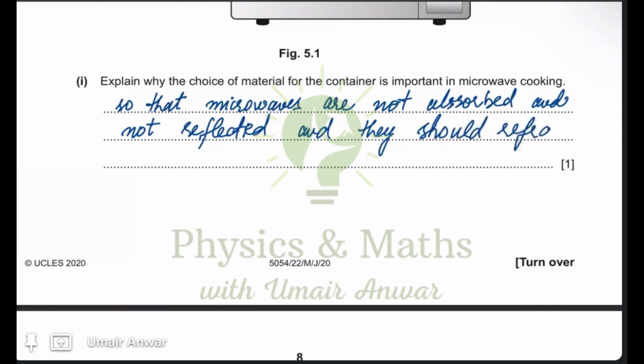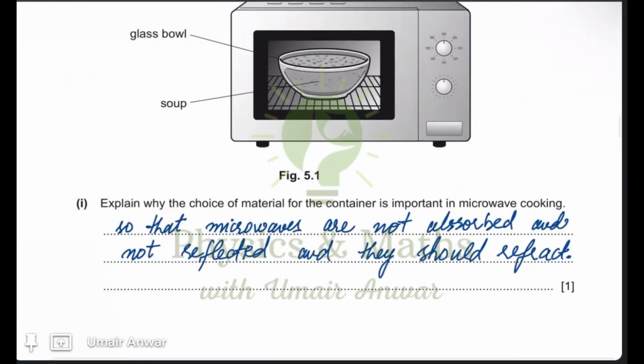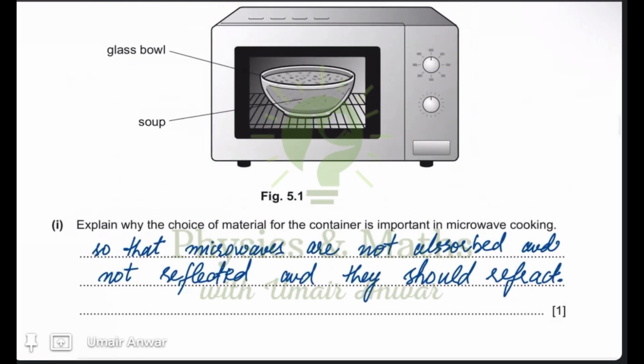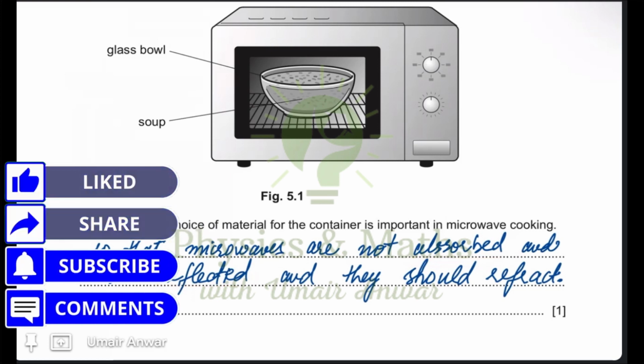When the refraction happens, the microwaves reach the substance which is to be heated. And if they are absorbed in the material or reflected by the material, then obviously the phenomenon of cooking or heating up cannot take place.